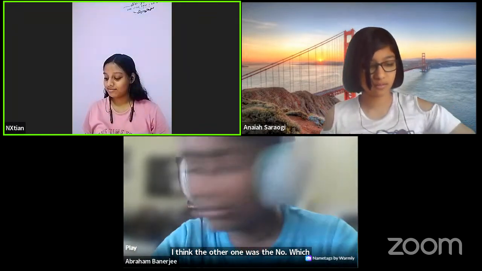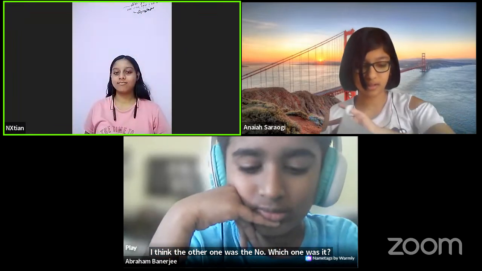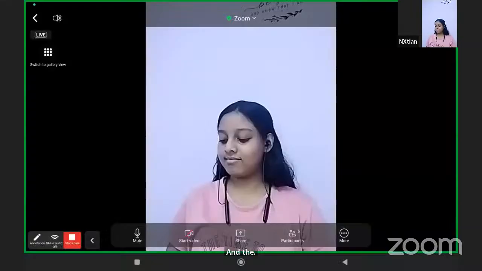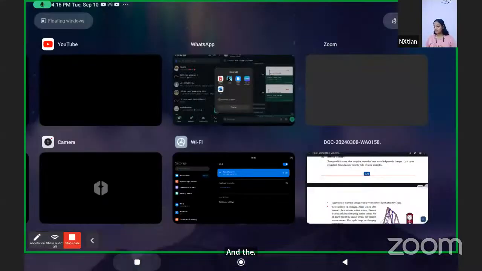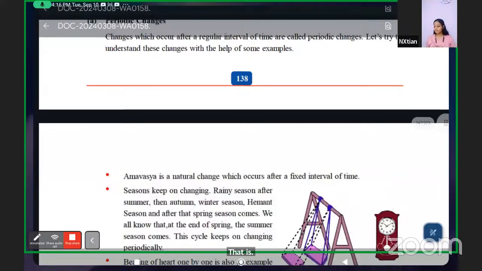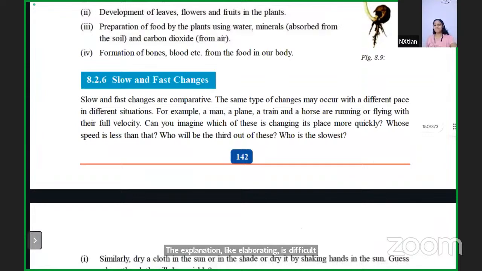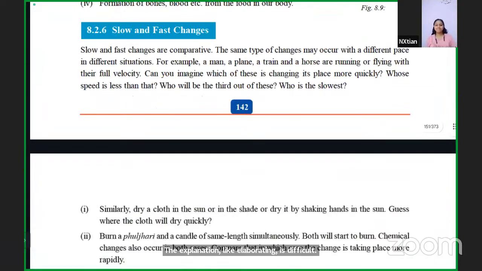The fourth and fifth one, I'm not sure, I'm just checking the tests. Diagrams are easier actually for me, but the explanation, the elaborating, is difficult. Yeah, ma'am, the fourth and fifth were the hardest.